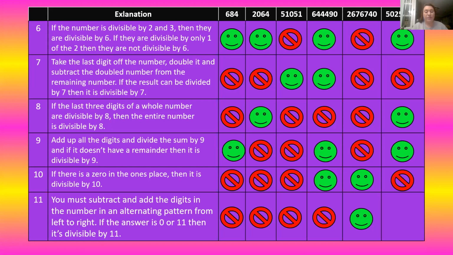And that gives you a negative 9, so that does not work. Okay, so we know for 11, our 51,051 works, even though it shows it does not, it does because it ends in a 0. 644,490 works because it comes out with 11. And 2,676,740 comes out with a 0, so it also works.